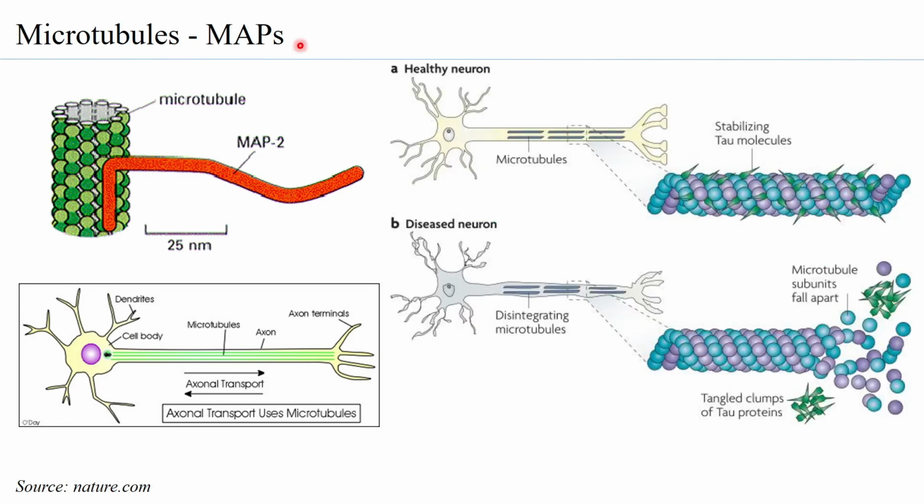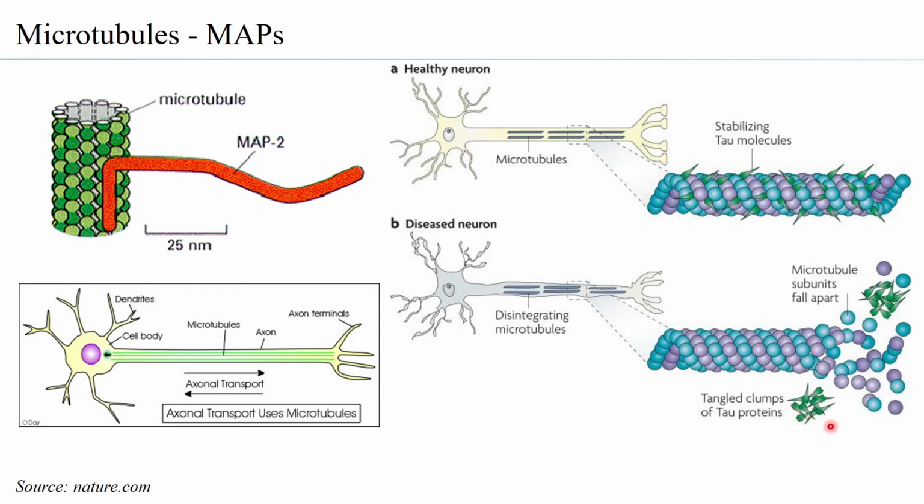Let's say, for example, you have a healthy neuron. In a healthy neuron, the tau binds to the microtubule and keeps it stable. When it keeps it stable, this can be used as a railway track properly, with molecules walking on this microtubule to transfer components from one part of the cell to the other. But say the tau that is formed is misfolded, or does not have the conformation that makes it biologically active.